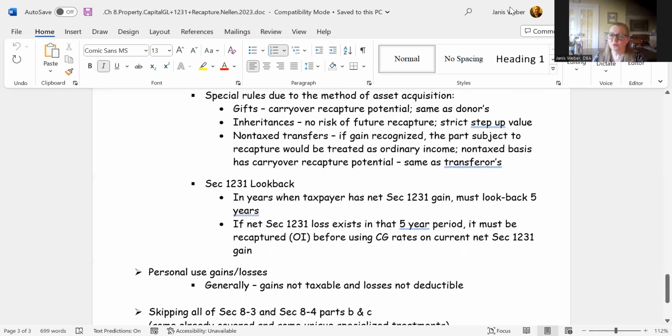All right, here are some special rules because of the method of acquisition. As we've gone through, there's been a lot of times where we had to talk about what is the basis of this asset, depending on where it came from. So just keep in mind, these are nuances that apply to these things we've just added. If you got the asset by gift, there's carryover recapture potential.